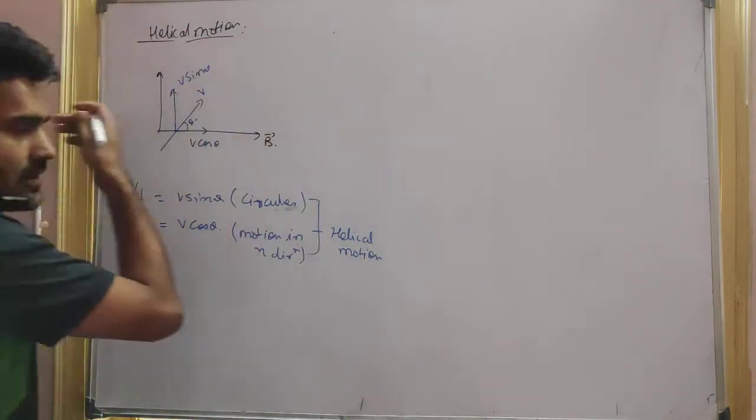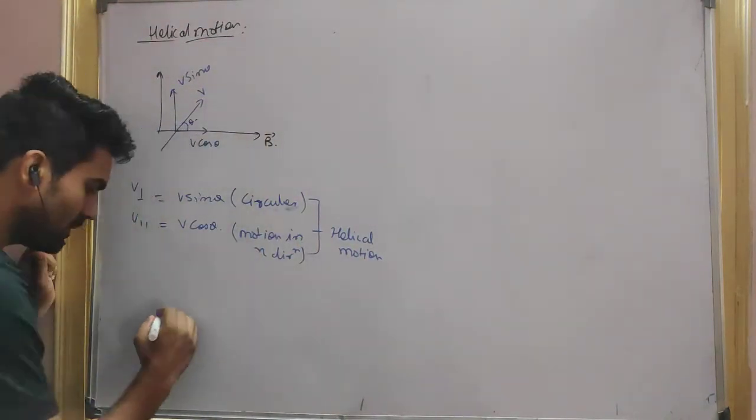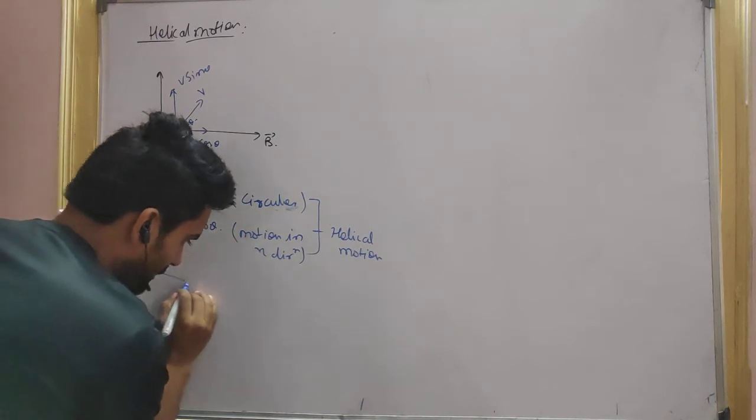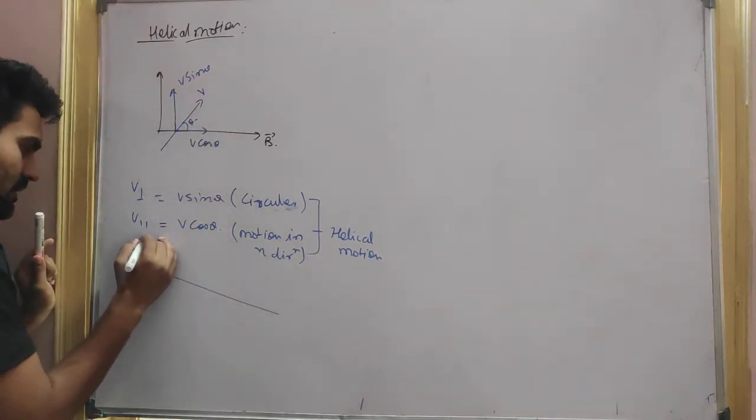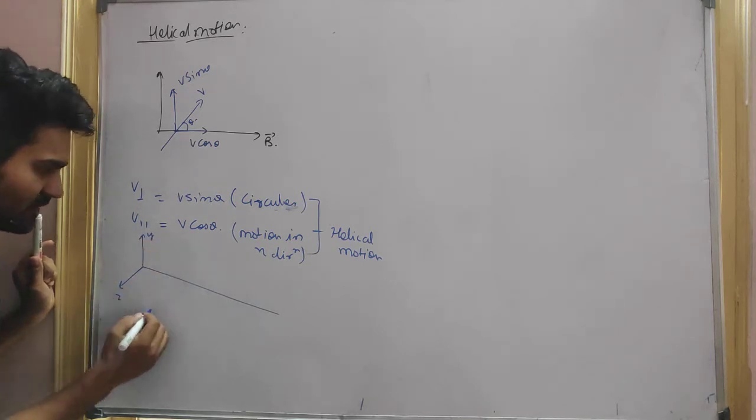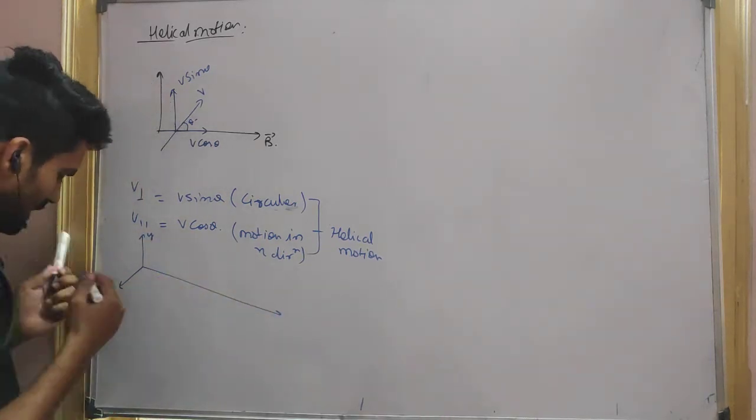Okay. Now, how will it be? Let's say it is like this. This is the x direction, this is the y direction, this is the z direction. So it will move like this.